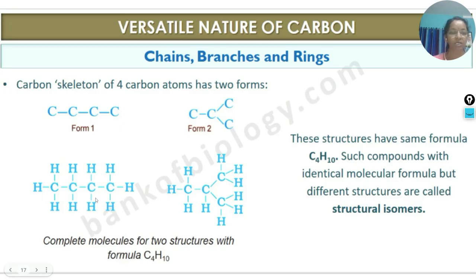But the structural formula is different, isn't it? This is a long chain, this is branched. These kinds of structures are called structural isomers, differing in their structure only, but the molecular formula remains the same. C4H10, that is butane, has two structural isomers.